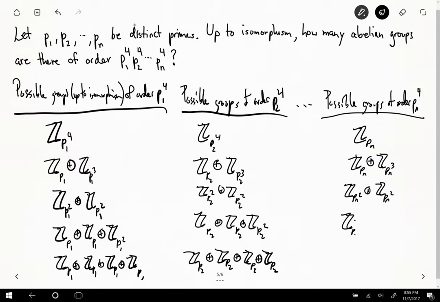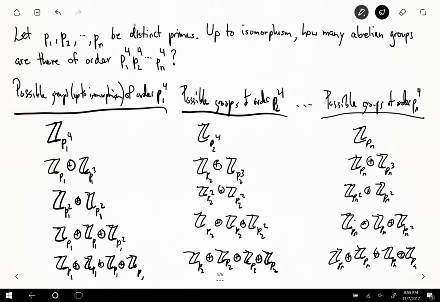Almost there: Z of pn direct product with Z of pn direct product with Z of pn squared, and then finally the direct product of the four Z of p sub n's. Okay, finally. Now we're ready to rock and roll.